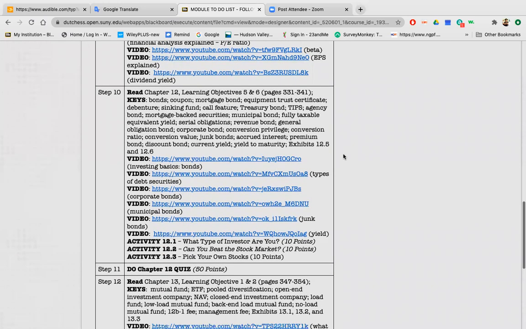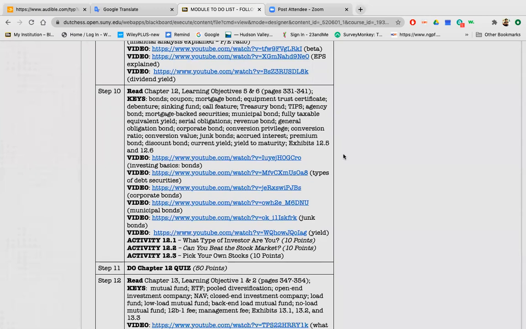Chapter 12 then moves into bonds. So bonds basically is when investors lend money. Investors are lending money in the bond market to corporations and governments, both state, local, and federal. And of course, you can lend money to international companies as well.